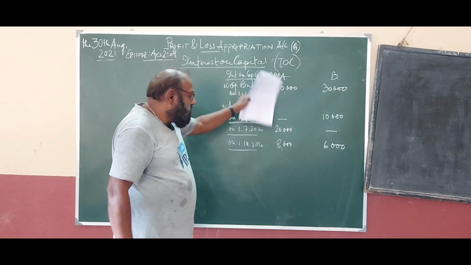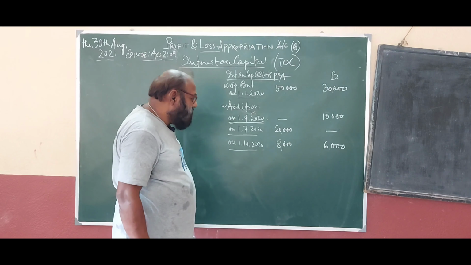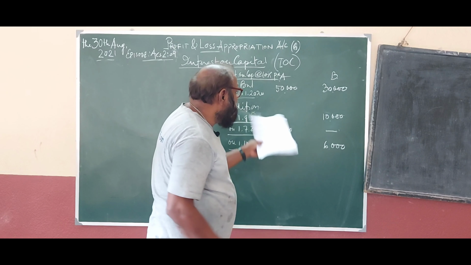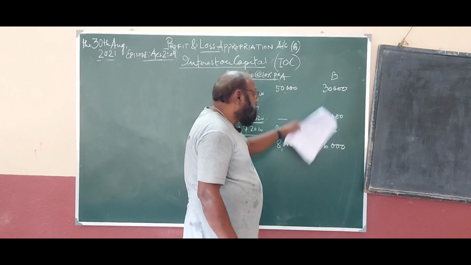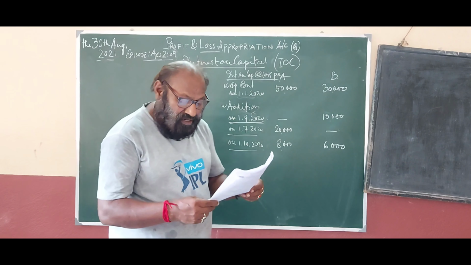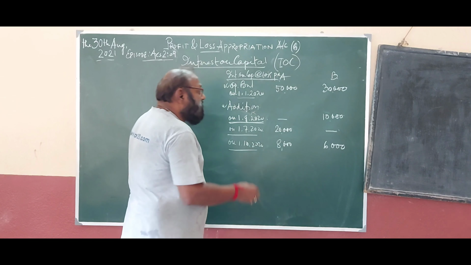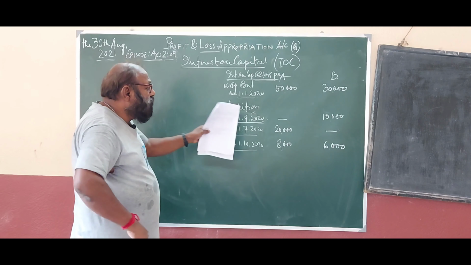That is 50,000, 20,000 and 8,000, that is 78,000 at the rate of 10%. So it would have been 7,800 in case of A, and in case of B, 46,000 into 10 by 100 equals 4,600.